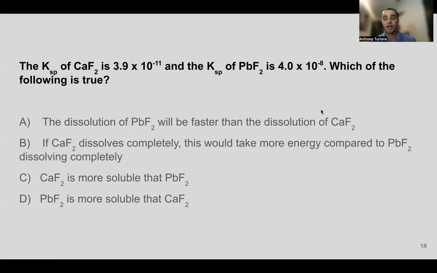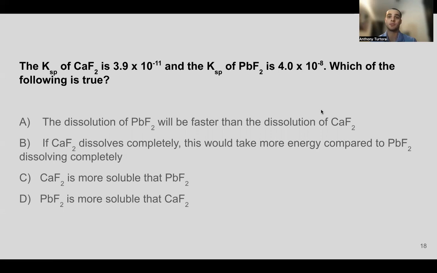When we look at A and B, this is asking us the rate of the reaction and the energy involved in the reaction. Our KSP doesn't tell us anything about these values, so A and B cannot be right, and we would have to cross those off. Now, evaluating C and D, we do know we can use KSP to figure out which one is more soluble.